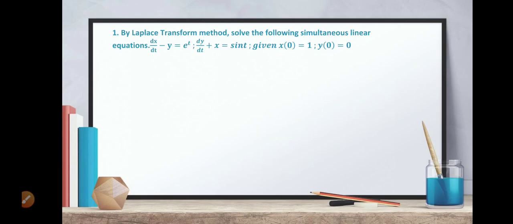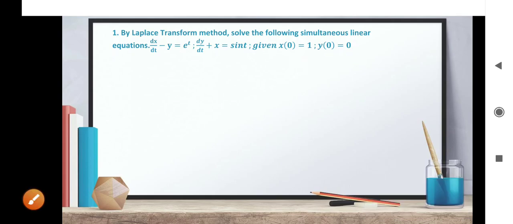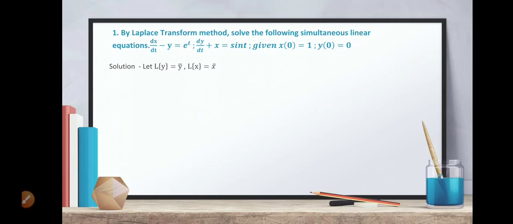So here y dash is involved and x is involved and one function of t. For two equations we are given two different conditions: x of 0 equal to 1 and y of 0 equal to 0. So applying the same procedure as in case of first application, we get the solution here.